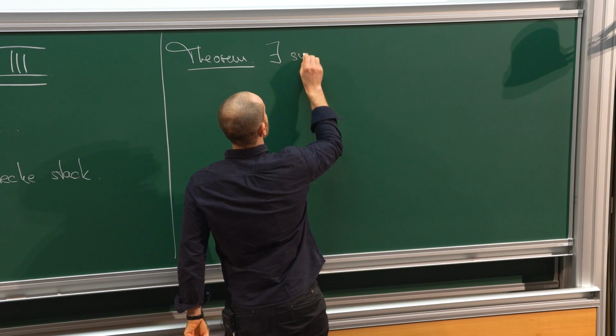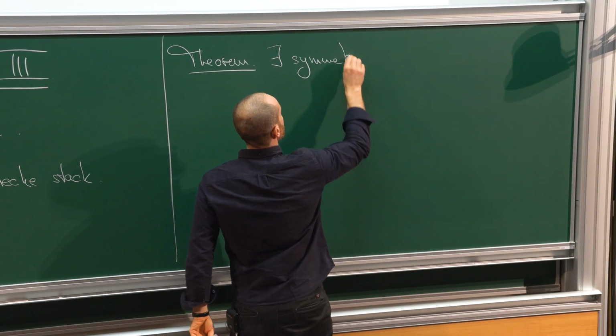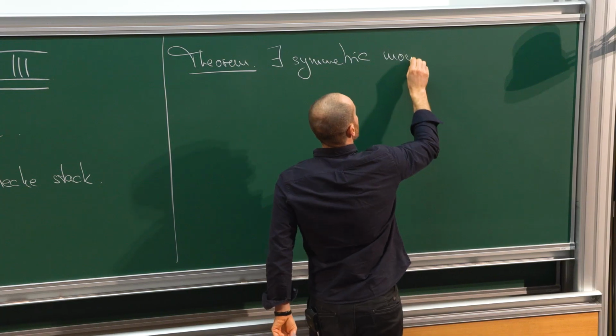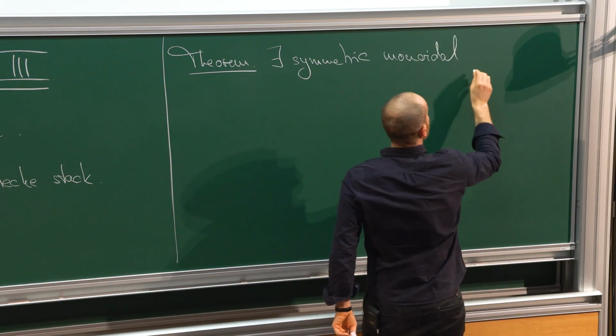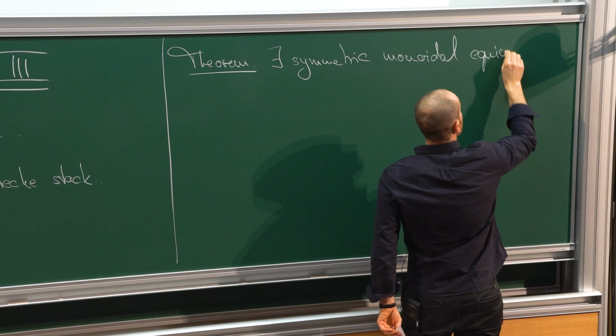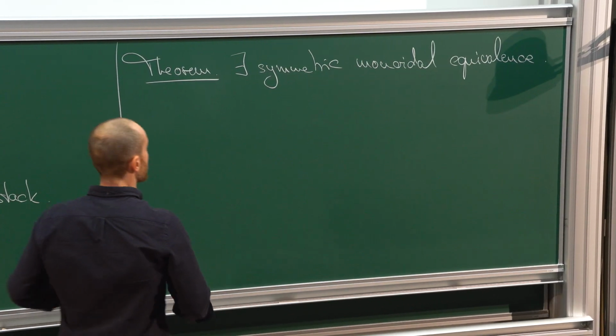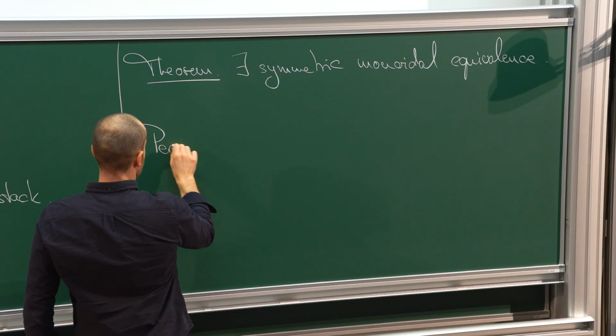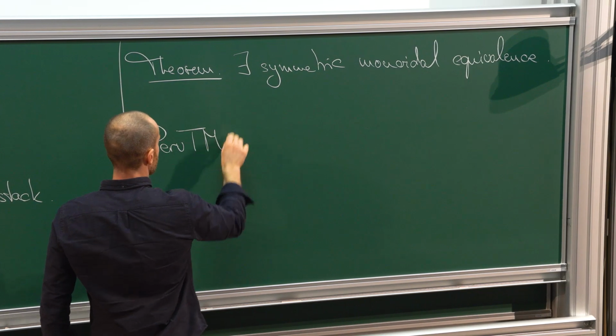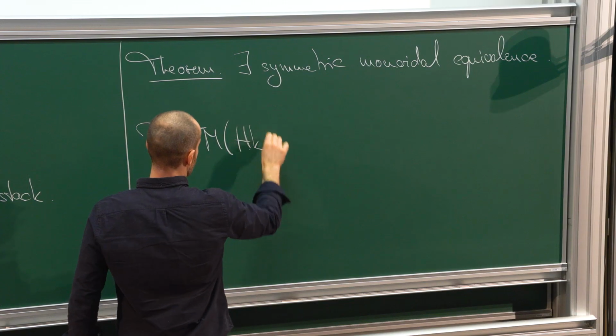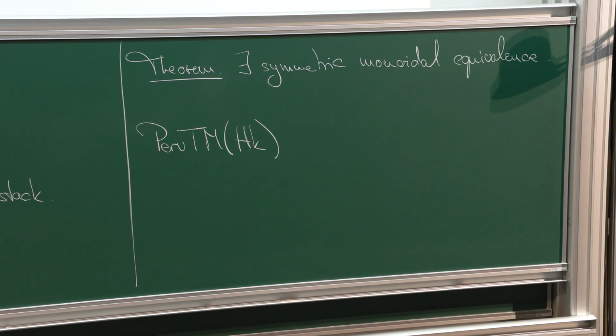The theorem is, so there exists a symmetric monoidal equivalence. On the one side is the category that was introduced in the first talk, the perverse Tate motives on the Hecke stack.